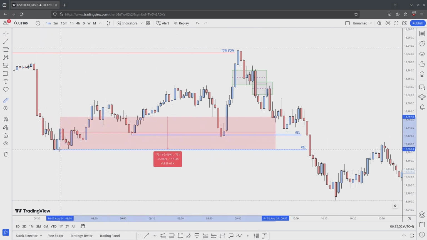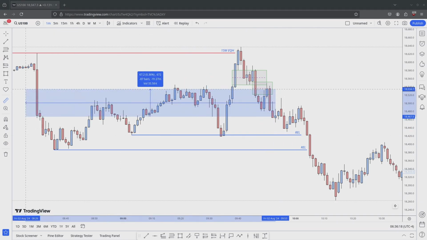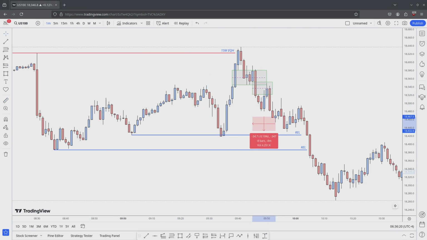And then we still have these lower equal lows here, which we still have 44% left on the bone. So we still have about 20 handles here sitting on the bone, and we can still profit off of that.